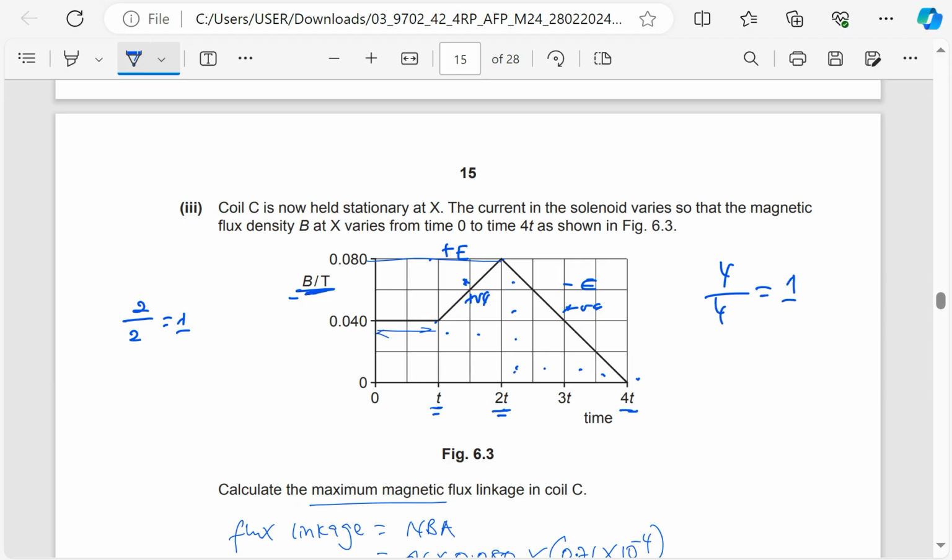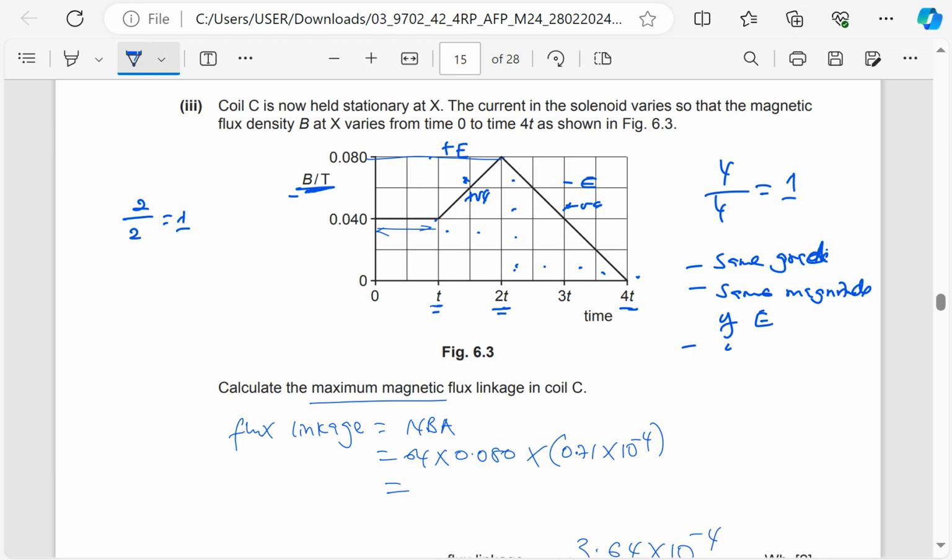So the gradient is the same. Same gradient. That means if the gradient is the same, it means same magnitude of E, but opposite signs.